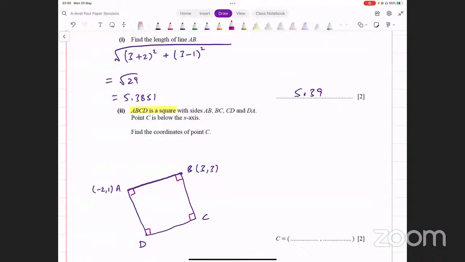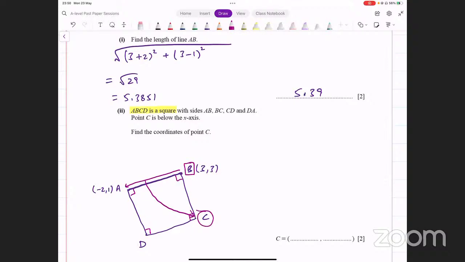Now, again, there could be multiple ways of thinking about it. One possibility could be कि आप इसको इस तरह सोच लें कि point B से आपका point A is right like this. अगर आप इसको एंटी क्लॉकवाइज रोटेट कर दें 90 डिग्रीज तो आप पॉइंट C पे पहुंच जाओगे.